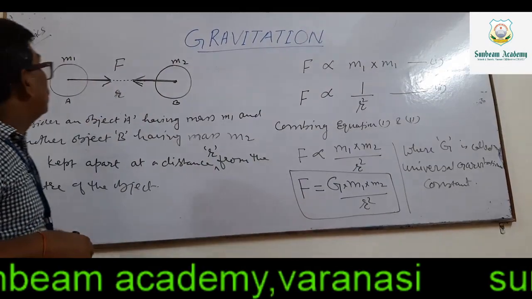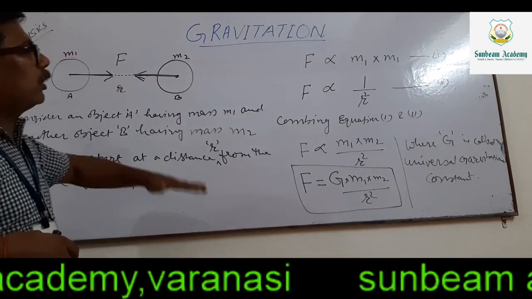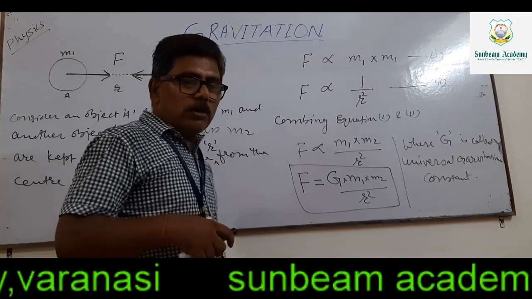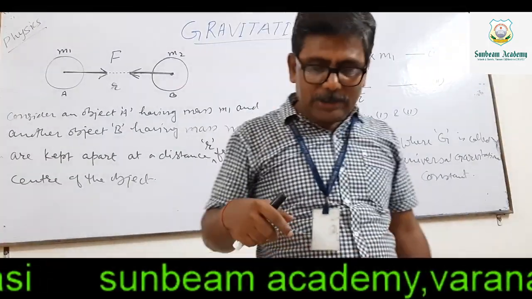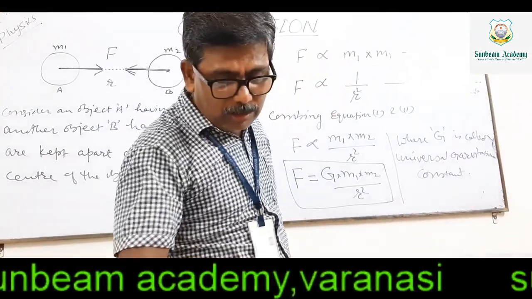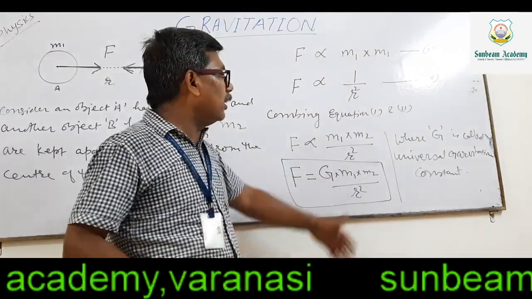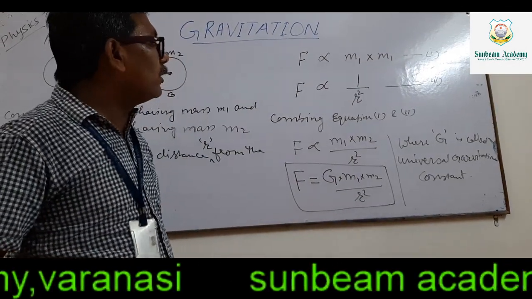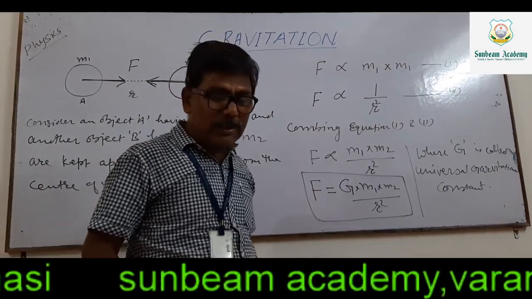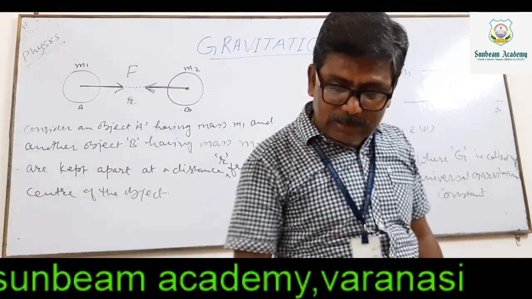So this is the mathematical calculation of Newton's universal law of gravitation, where G is called gravitational constant, or you can also say universal gravitational constant.